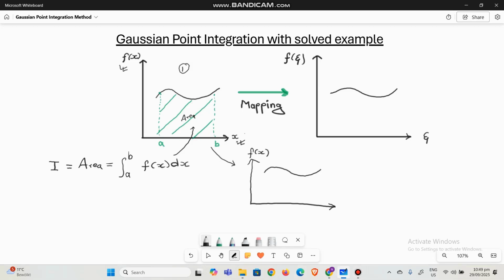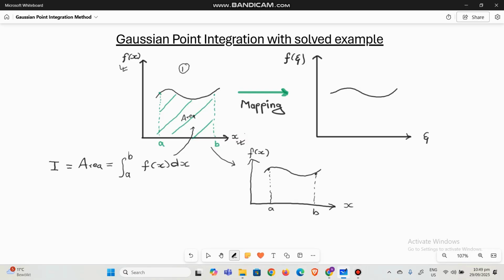This is f(x), this is x, and here we are trying to find the area under the curve from point A to point B, but using Gaussian point integration system. For now, just keep in mind that Gaussian point integration system is the approximation system. It approximates the area under the curve. How does it do it?